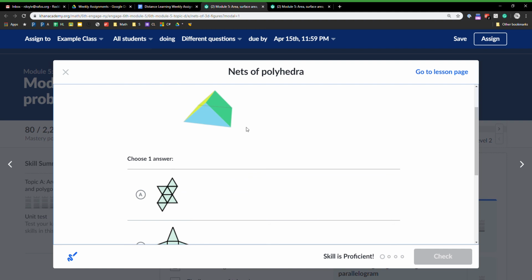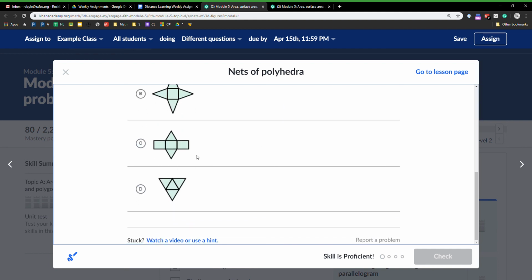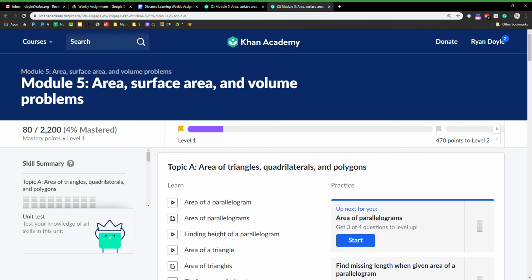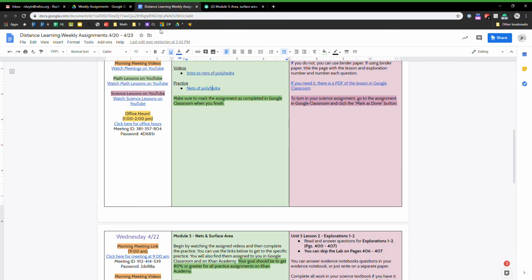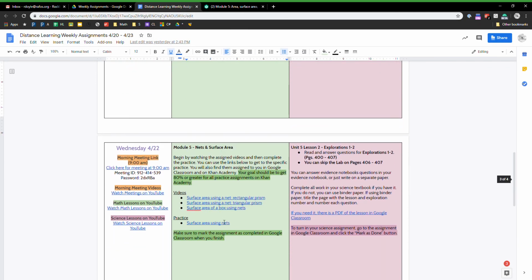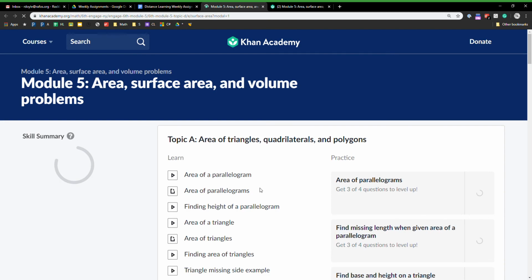Remember this was like a tent shape, so you'd find the area of the bottom, the area of the 2 rectangular sides, and the area of the triangle on the front and the back, and you'd add all of those pieces together, and that would be the surface area, how much area is on the outside of something. So today we're using the nets to help us find the surface area.